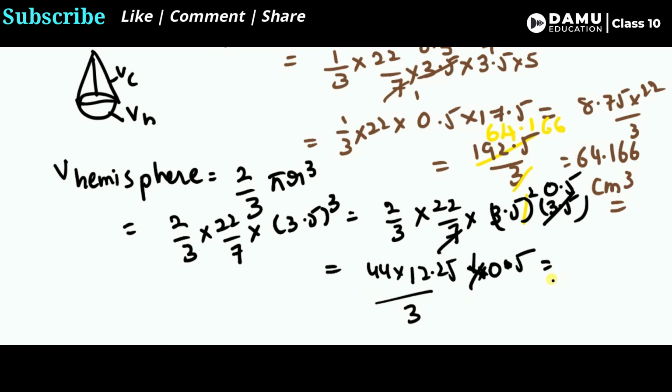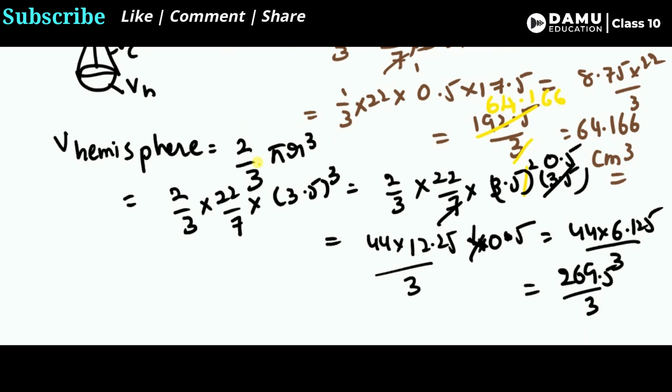So 12.25 into 0.5, we will get 6.125. So 44 into 6.125, whole divided by 3. 6.125 into 44, what answer will we get? 269.5, 269.5 by 3. So let's cancel with the 3.